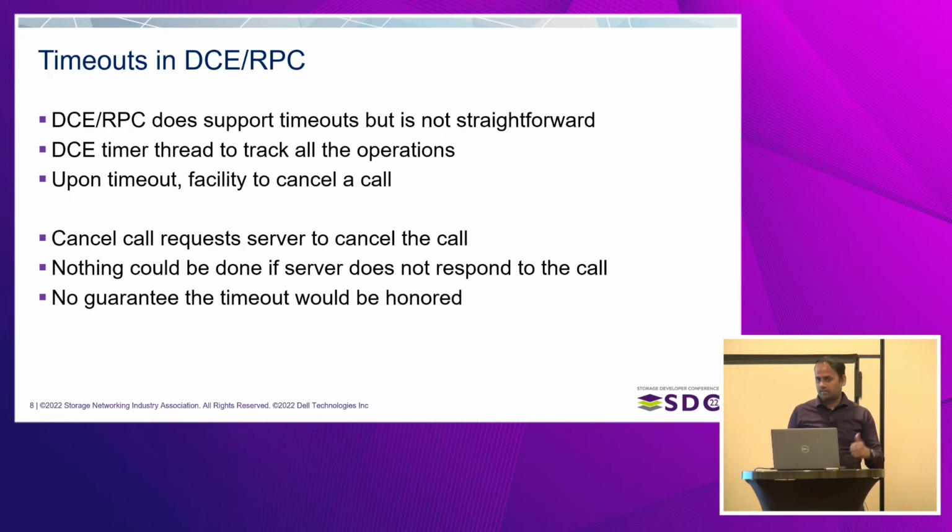But apparently it does not, because it relies heavily on a good server. In our case, we have had timeouts because of unresponsiveness, so it's highly unlikely that the server will respond. That's why we needed a solution that can cancel the call irrespective of whether the server is responsive or not.